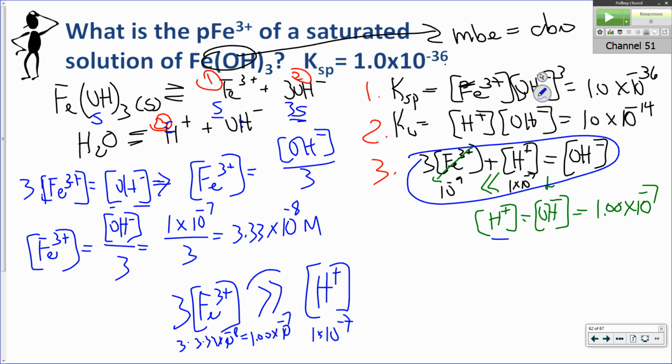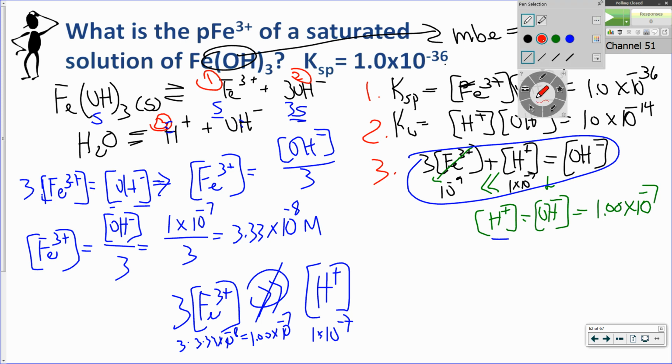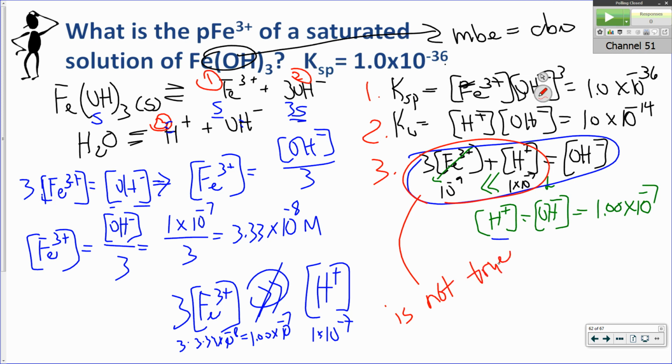This is not valid, not true. So the assumption that I made here turns out to be false. So this assumption is not true. So how do we have to solve that system then?